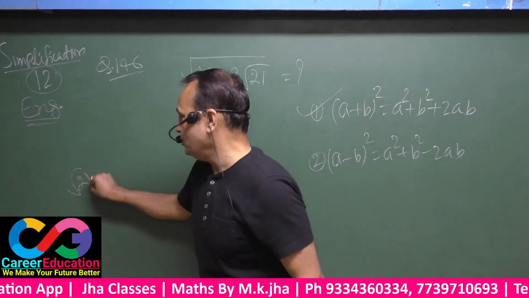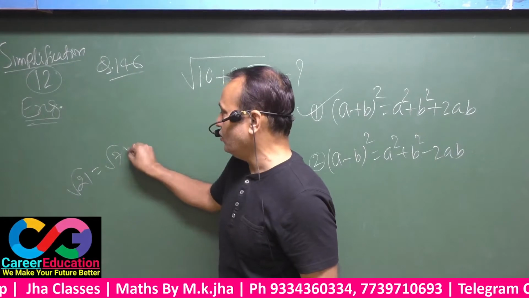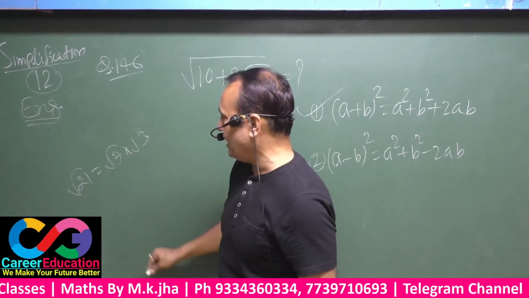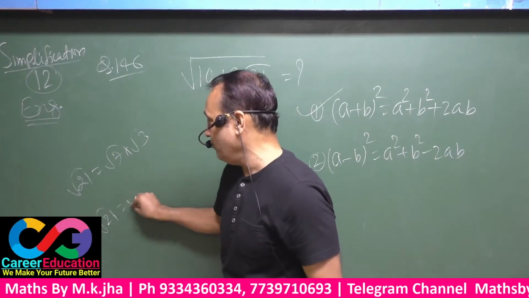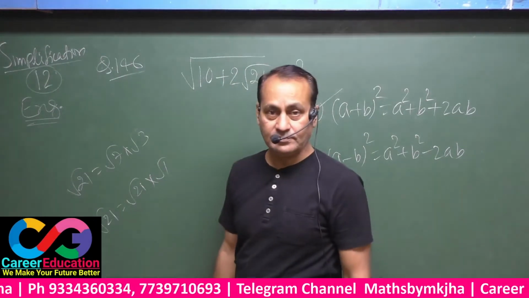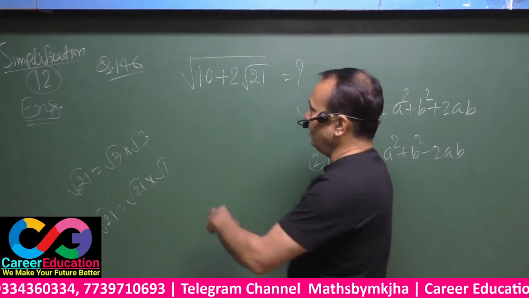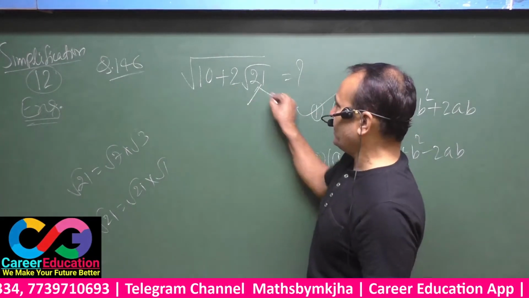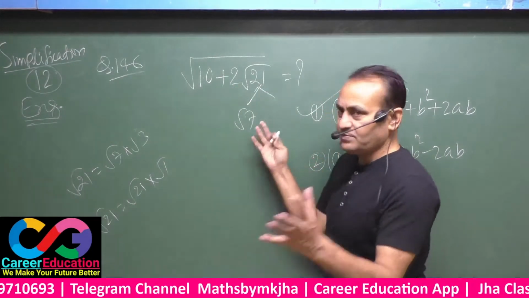That means this root 21 is root 7, root 3 like this. Root 21 may be written as root 21, root 1 like this. But see here, since this is 2, a and b has been multiplied here.